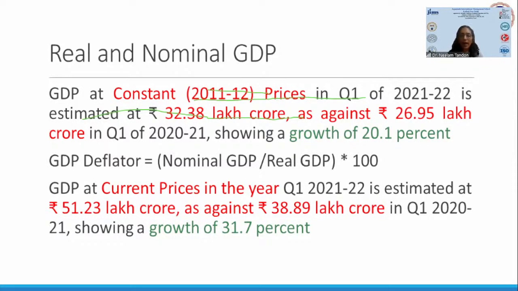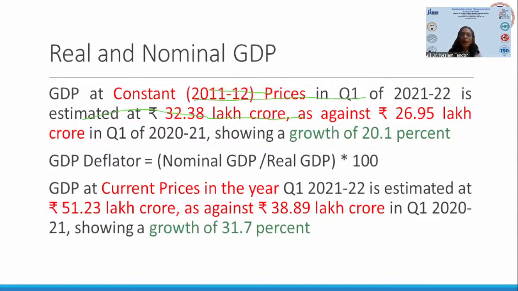So to find out whether the output in the economy is actually increasing or not, we keep prices constant. What do you mean by prices as constant? We take prices of the base year, and that means the prices are not going to change. Now you calculate the GDP of the country in 2020, taking prices of 11 and 12.